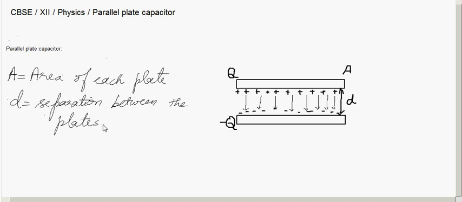Now we will make an assumption here. Let d be much smaller than the linear dimension of the plates.